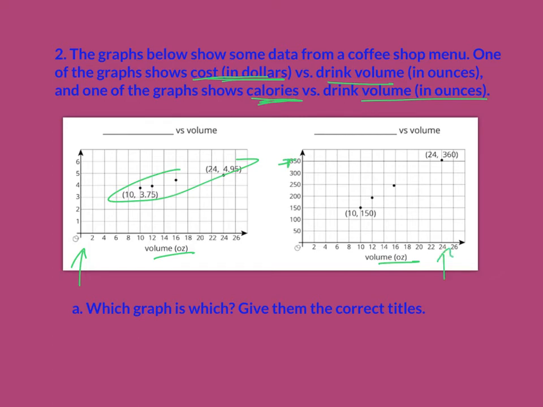So, being logical here, I'm sure that coffee, of course, is not $350 for those 24 ounces. So this one over here should be calories versus volume. And that would mean that calories is here on the side, which, of course, I know looks terrible when I write it using the stylus. And the first one is cost versus volume. And we'll label it up the side, cost.